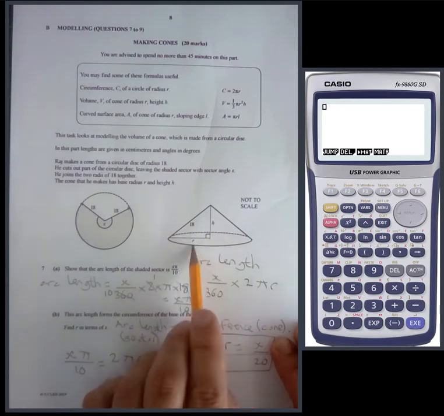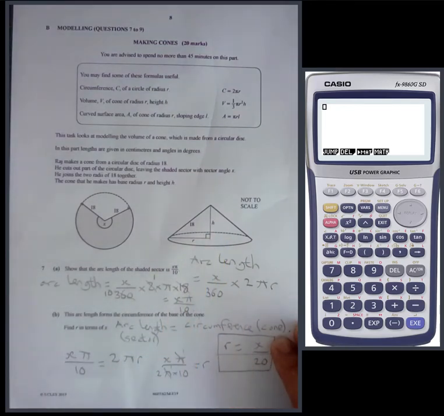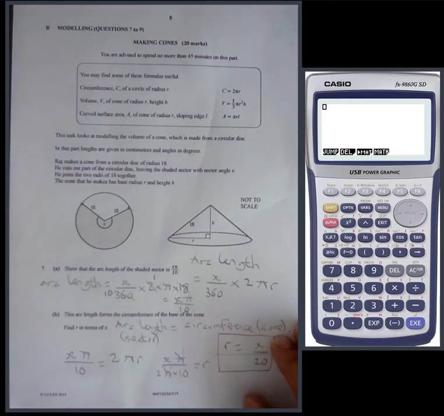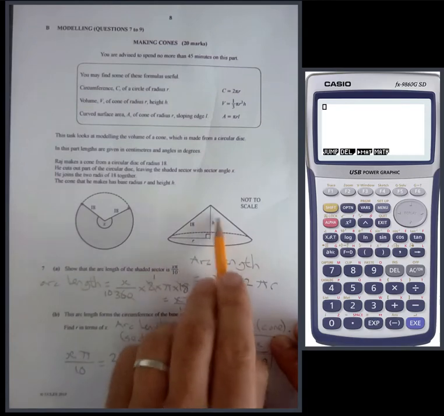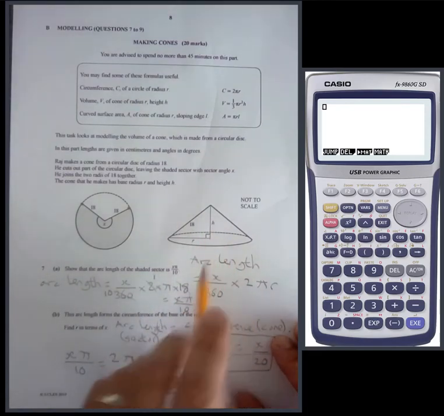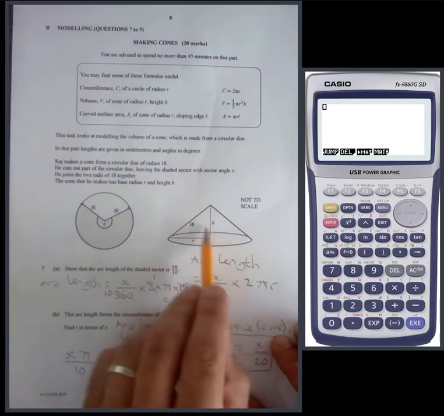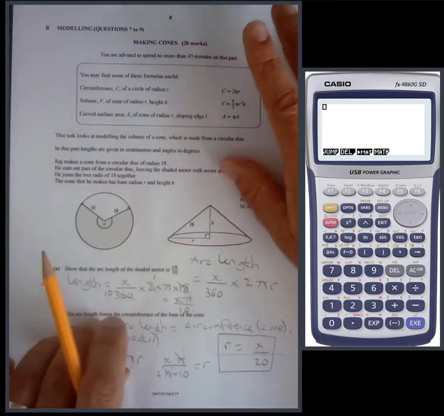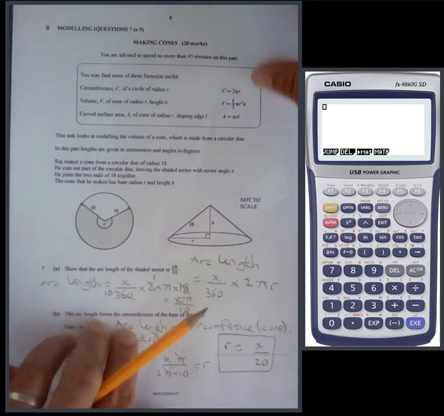You've got the two short sides, so a squared plus b squared equals c squared, where a and b are the two short sides. You can write a and b down any way you like, so I'm just going to put the unknown, the wanted one, first. So h squared plus r squared must equal 18 squared. I can just draw the triangle as well.